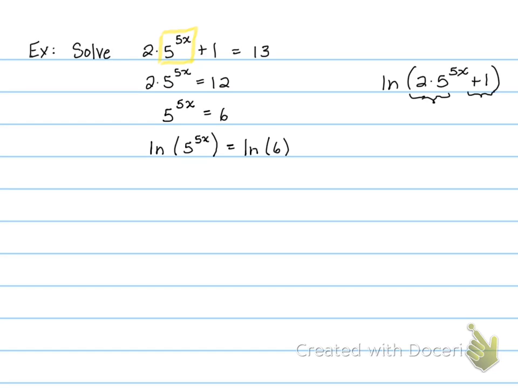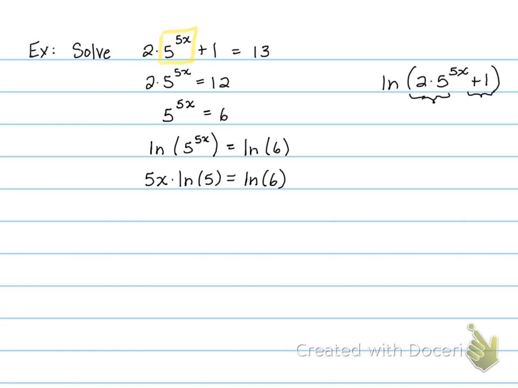So now I will bring my 5x down as the coefficient. So 5x times the natural log of 5 equals the natural log of 6.